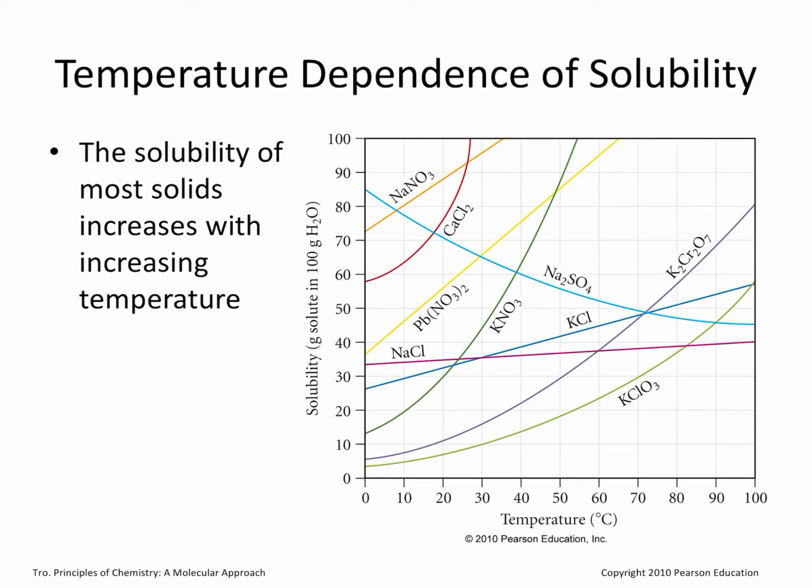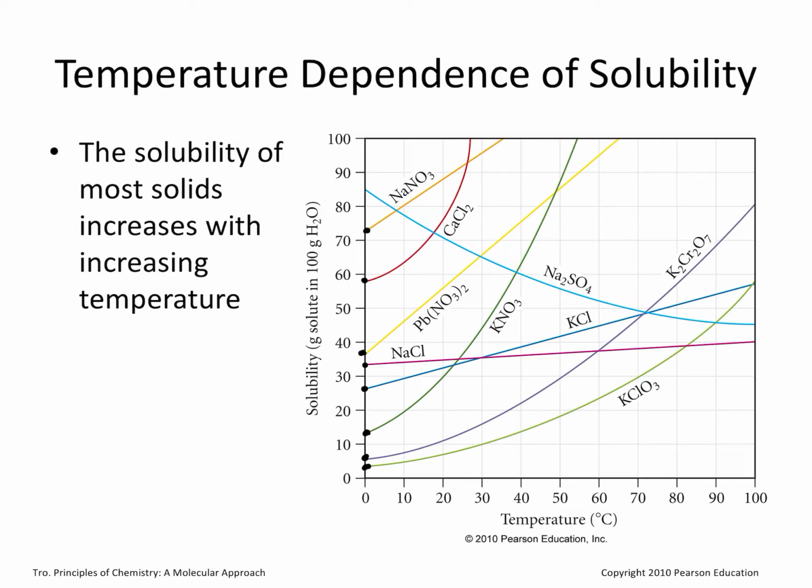The solubility of most solids increases with increasing temperature. So here, for example, you can see the potassium nitrate, the green, is increasing as you increase the temperature. Potassium dichromate, potassium chlorate, potassium chloride, lead 2 nitrate, calcium chloride, sodium nitrate.